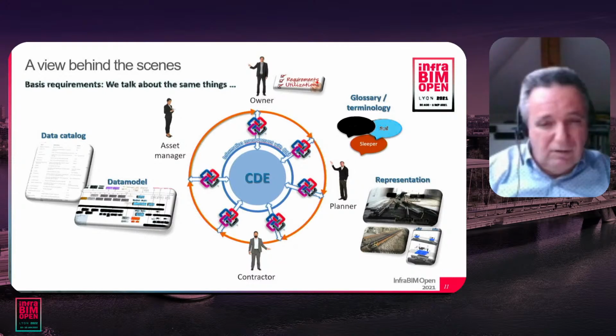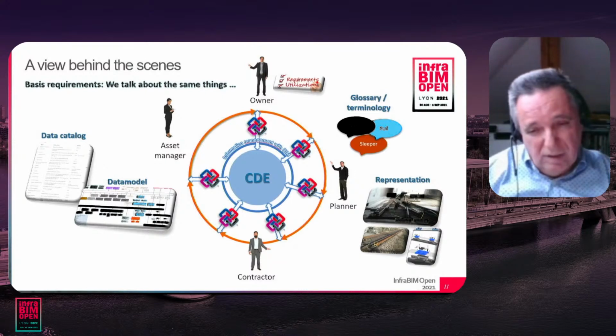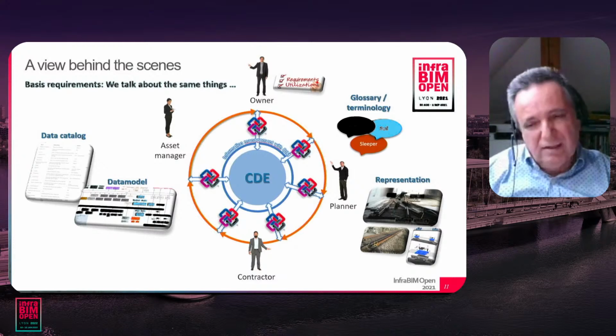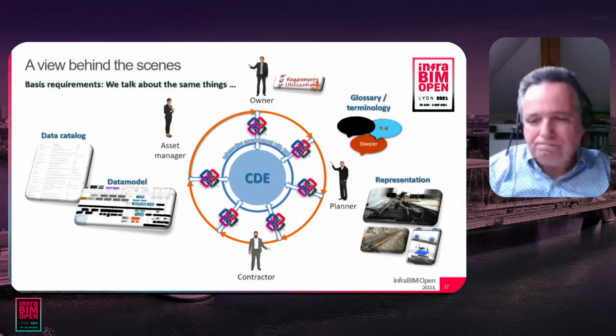On the semantic level, we need a data catalog, and on the conceptual level, we need some conceptual data models to be able to give the requirements to the common data environment where all things are put together. And of course, if we are looking at the exchange requirements we have during the processes, we need some standards. And here is clearly positioned the IFC standard.